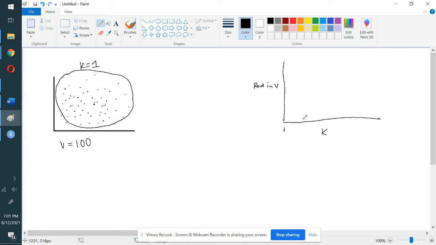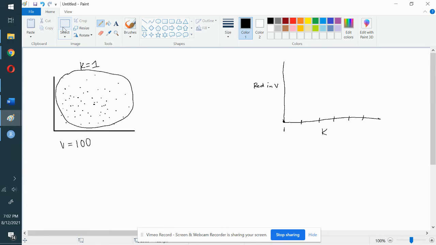Starting off with 1, and then going to 2, and 3, 4, and 5, and 6, and whatever we need. So here we have k equals 1, and we know the variance is huge. So we're starting right here, right? Because this is not the variance, but the reduction in variance. How much does the variance decrease each time we add another cluster?